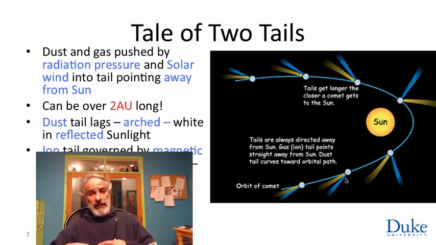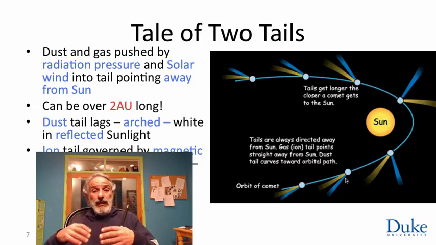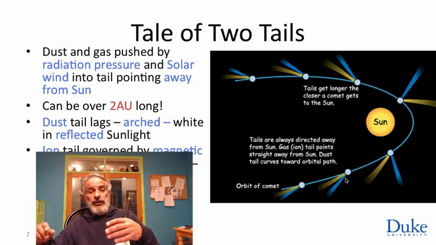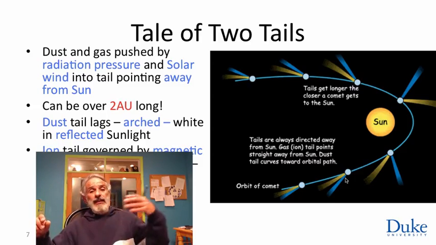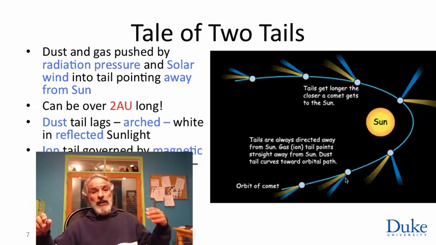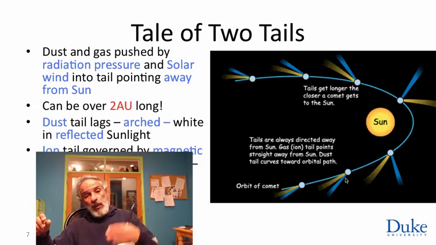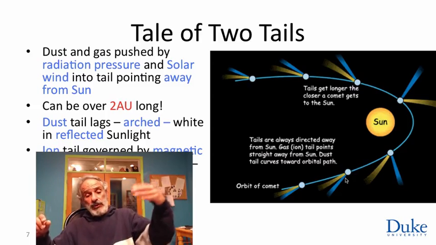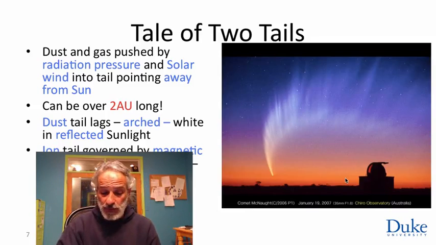Dust, which is indeed propelled by the pressure of the sun, of both radiation and of the solar wind, is propelled away from the sun, but as the comet moves along its trajectory, the dust it ejected weeks ago remains pointed away from the sun at the position where the comet was, so it produces this magnificent arching structure.